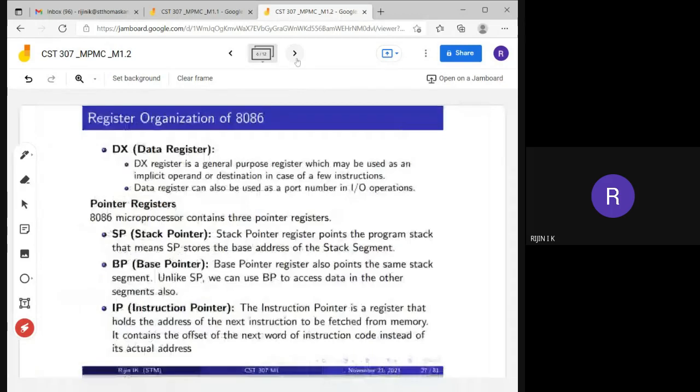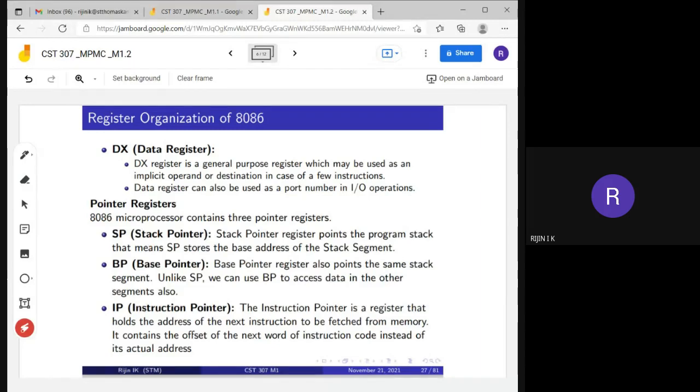Next we can discuss the pointers that are present in the microprocessor. Different pointers are there. The first pointer is the stack pointer. What is the duty of a stack pointer?